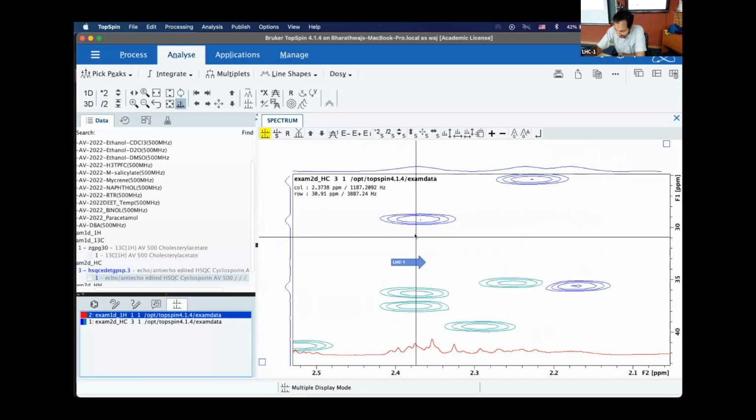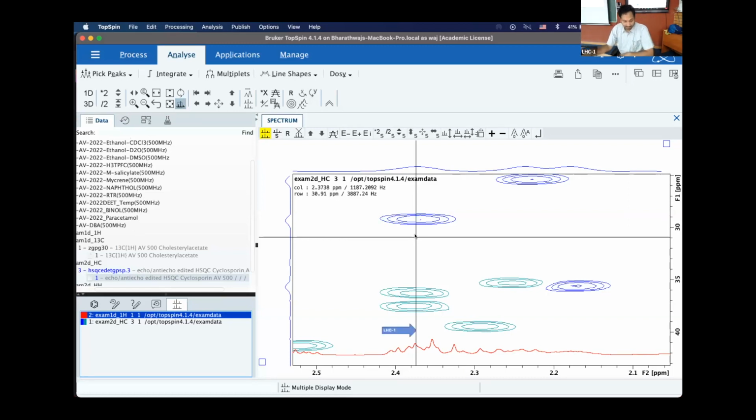If you see where I've drawn the line, you see one proton that's present there, but it's able to resolve multiple carbons, meaning that multiple protons are hidden below that resonance. There are many CHs which happen to have the proton chemical shift being identical, but their carbons being different. For instance, there are too many protons below this.